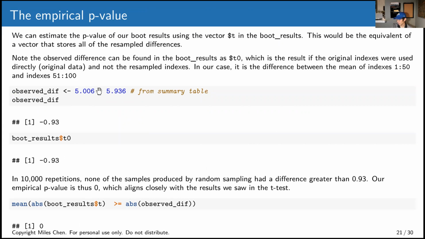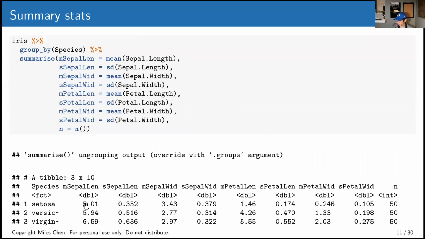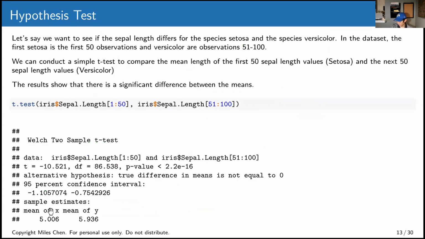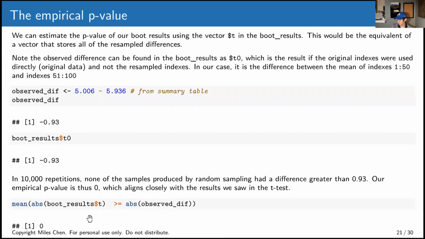If we look at the summary table, which we had way back here, and ask what is the mean for setosa and the mean for versicolor, 5.006 versus 5.936, we get a difference of 0.93, or -0.93. So the result here is -0.93.